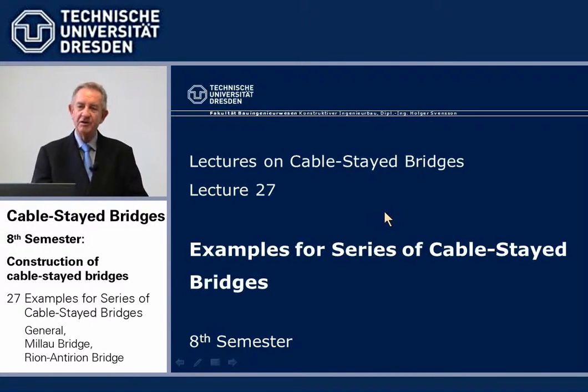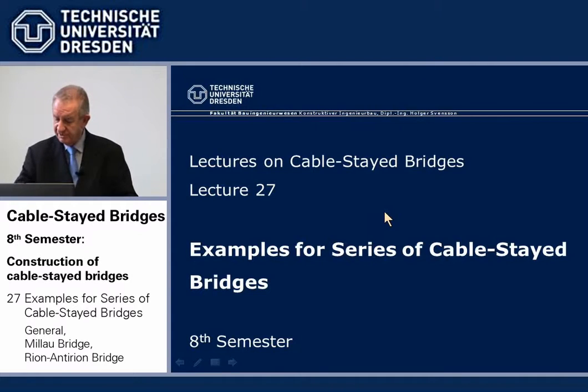Today we go on with our examples of different types of cable-stayed bridges, and today we come to two very important examples for series of cable-stayed bridges. You will recall that in the earlier parts we had one lecture on the general theory of series of cable-stayed bridges, and today we have the two most prominent examples which exist today of series of cable-stayed bridges.